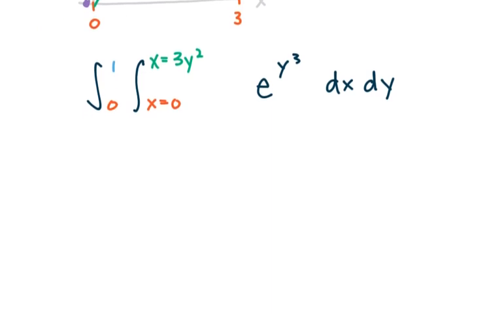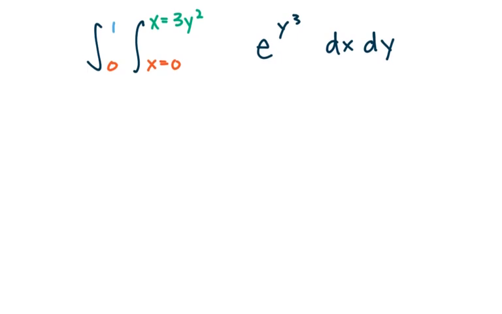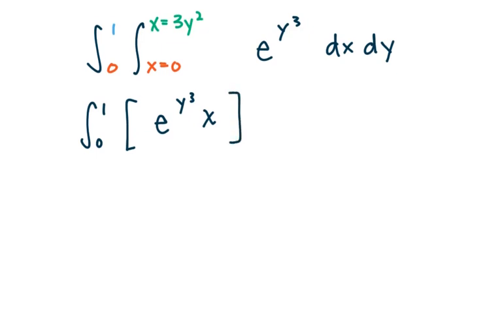So now that we've got it set up, let's integrate. If we're integrating with respect to x first, that means all of this is a constant. And I'm going to end up with e to the y cubed times x. And we need to evaluate that from x equals 3y squared to x equals 0.